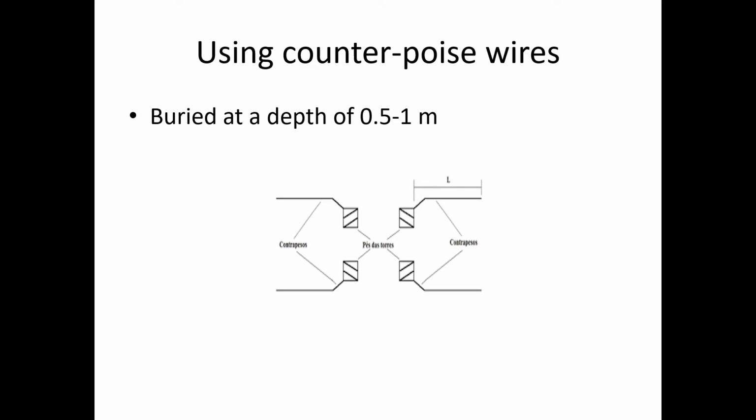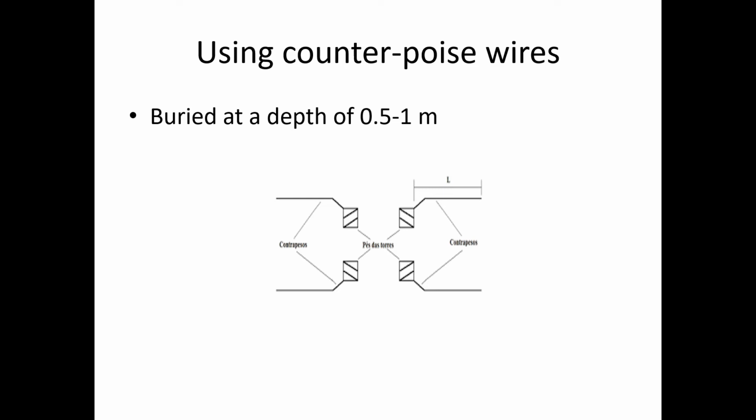For proper operation of the counterpoise wire, its resistance should be very, very low. If the resistance is very high, the over voltage cannot be grounded. So, in order to ground the over voltage, the resistance of the counterpoise wire should be less than the surge impedance or surge resistance.